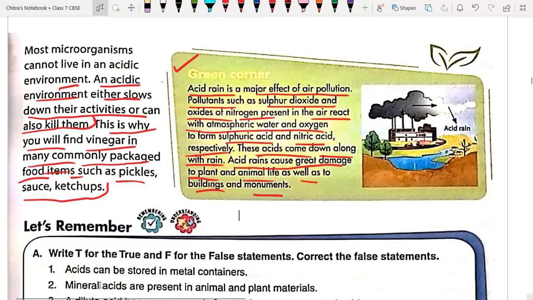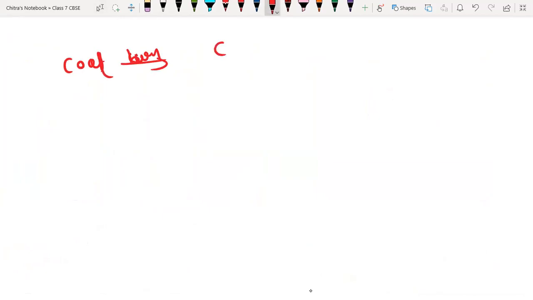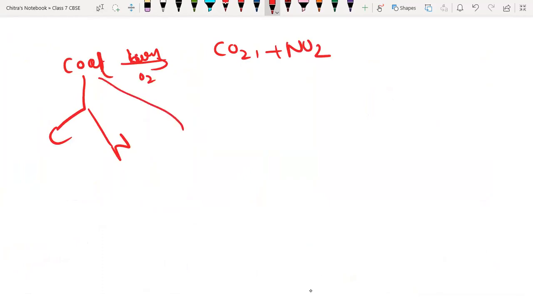Now I'm going to explain how these acids are formed in our atmosphere. During burning of coal, we get carbon dioxide. In coal, we have carbon, and nitrogen also. Nitrogen will get oxidized to form NO2. Coal also contains sulfur, so sulfur will get oxidized to form sulfur dioxide.